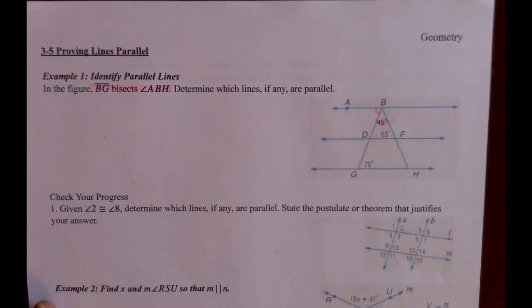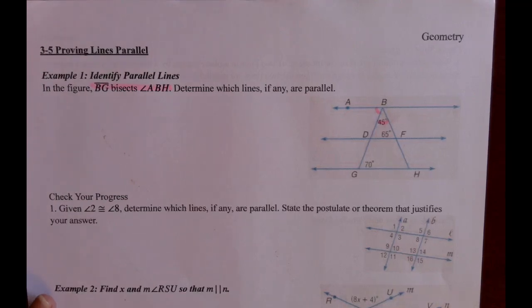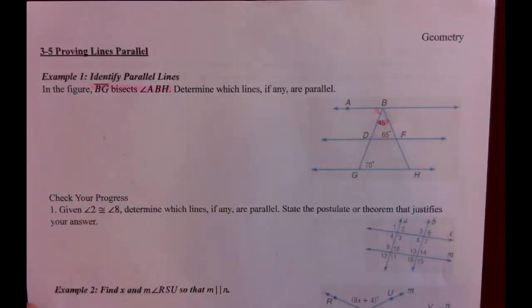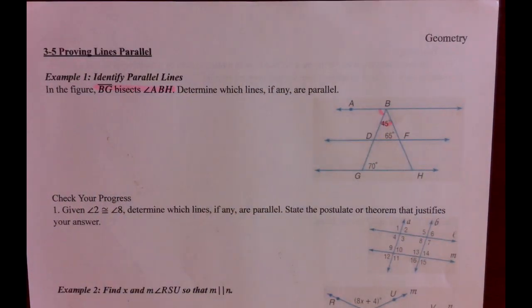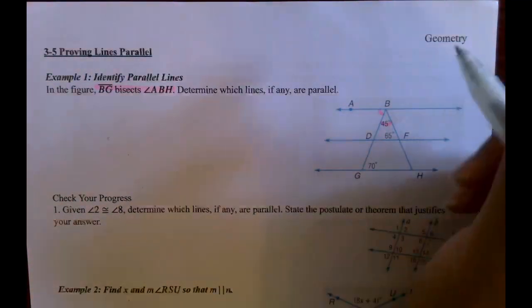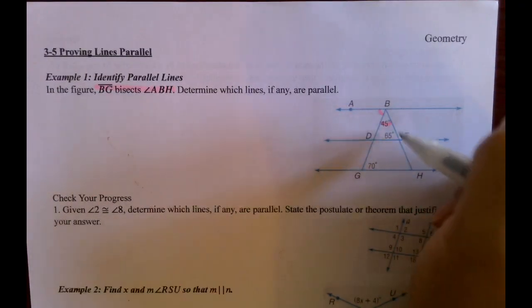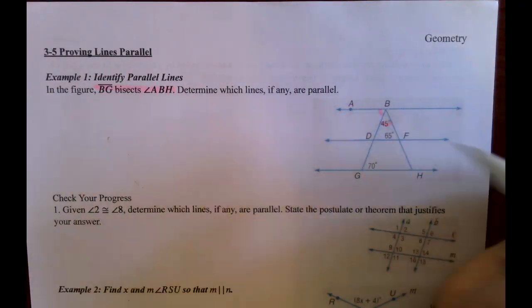Again, in geometry, it doesn't matter what it looks like. What matters is what you can prove. Okay, so even though it looks like all of these lines are parallel right now, it's only true if we can prove it. Okay, so first thing I kind of notice here is that there's a triangle. Okay, and if you remember, triangles add up to 180, right?